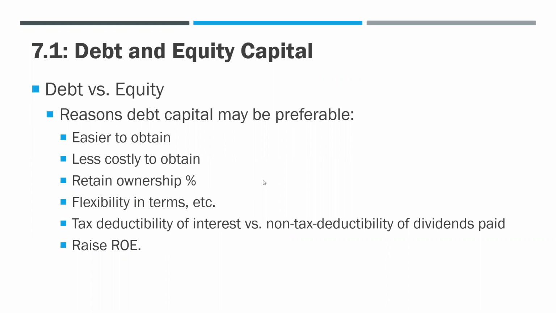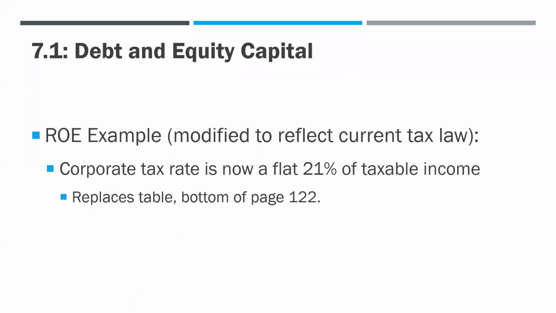But the example that the textbook goes through at the bottom of page 122, there is a little modification I'm going to make to that example. And that is, it actually does simplify the example versus what the book has presented.